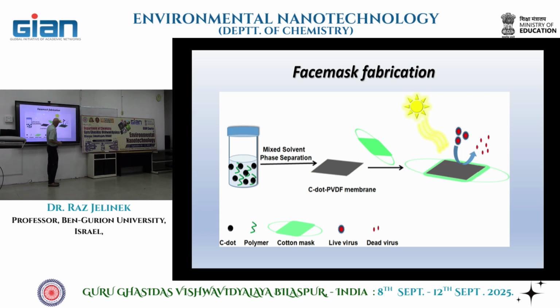When the sun shines and puts light on this polymer layer, what will happen? There are carbon dots there. The carbon dots are going to absorb light. The light that the carbon dots absorb becomes heat.